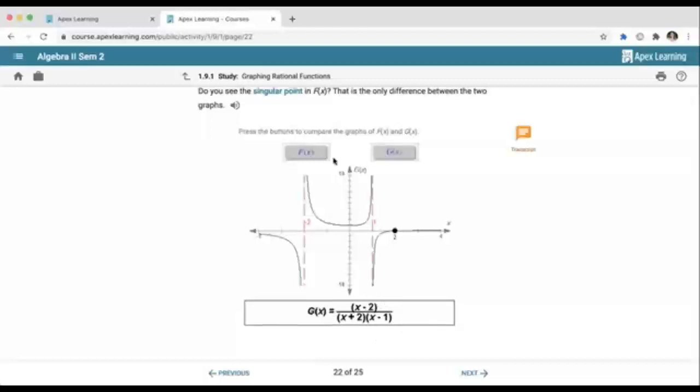So that's the only difference between those two graphs. If you see a hole on the graph like this, that should tell you that you have a common factor in the numerator and the denominator of your function.